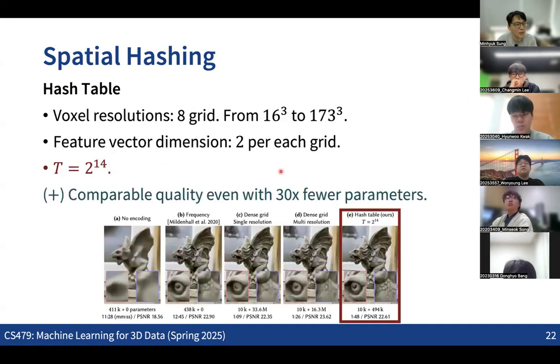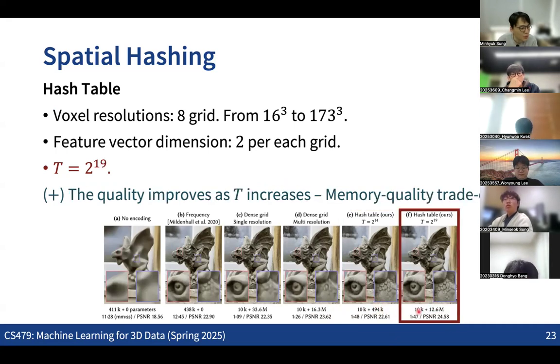By doing this compression, we can still achieve slightly lower, but still good quality, with much fewer parameters. Here we are using 16 megabytes, 16 million parameters, while here we are using less than 0.5 million parameters by using the hash table and doing compression.